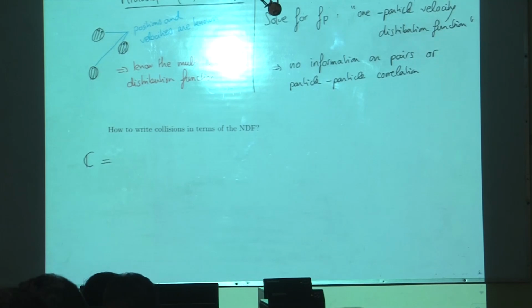And then you would need to know something about the joint probability, or let's say the probability of finding a particle with a certain characteristic, given the fact that you have another particle with the same characteristic locally.